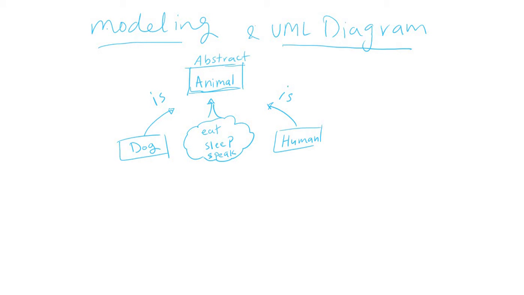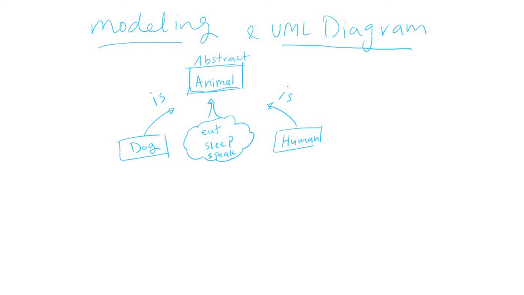In this class, many different subtypes live. So for instance, dog is a subtype of animal, or human is a subtype of animal, or any other species is a subtype of animal.